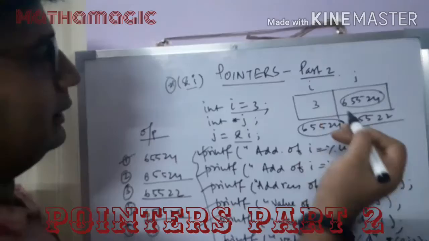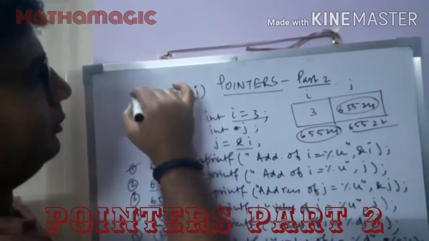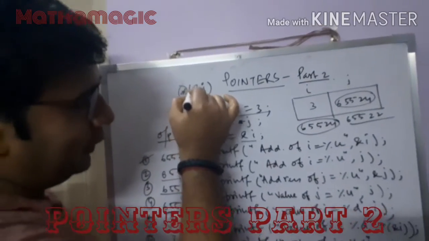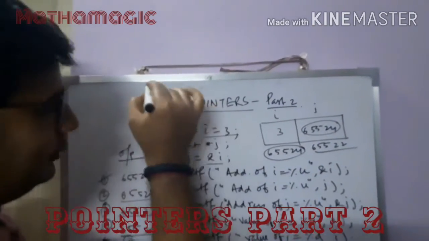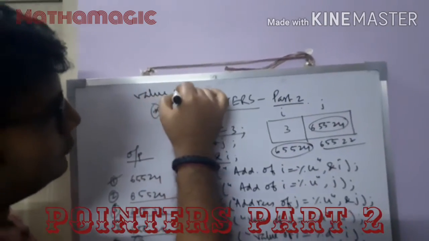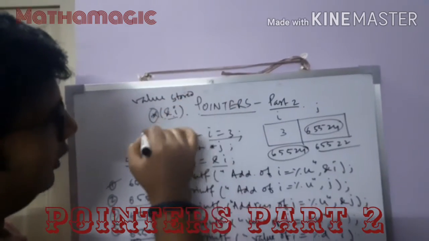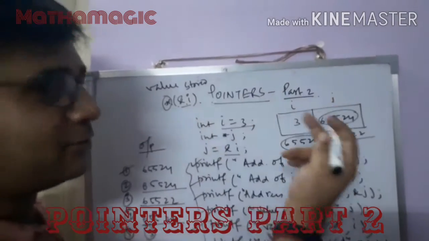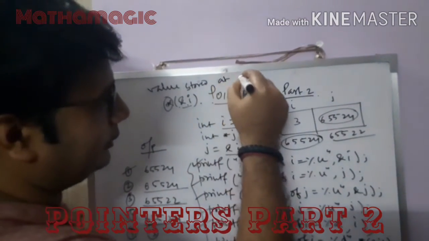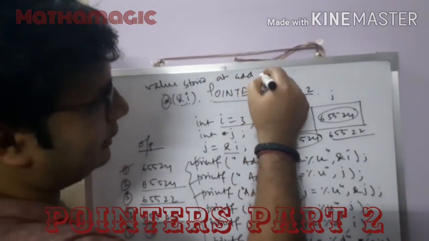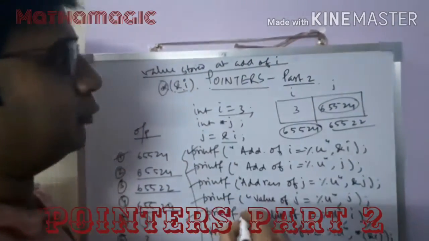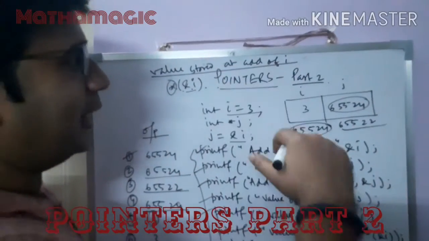So what is the total sentence coming out of this statement? Value stored in address of I. We have told that star means value stored, and ampersand I means address of I. Value stored at the address of I. So you can directly find out what should be the output.